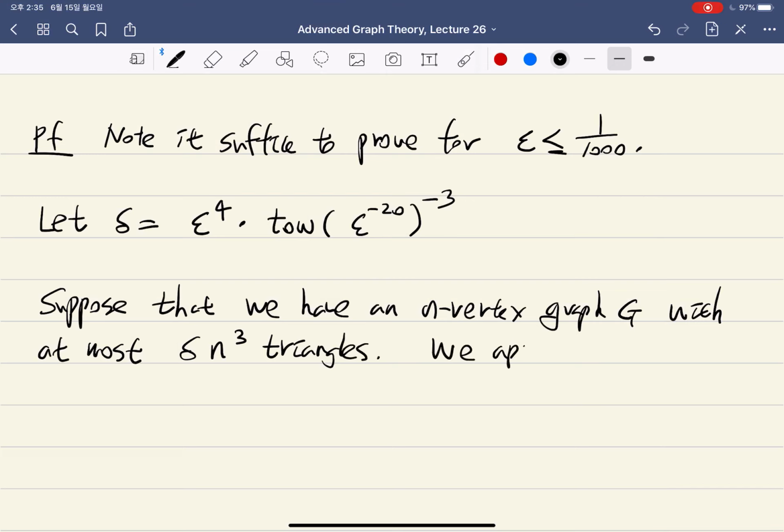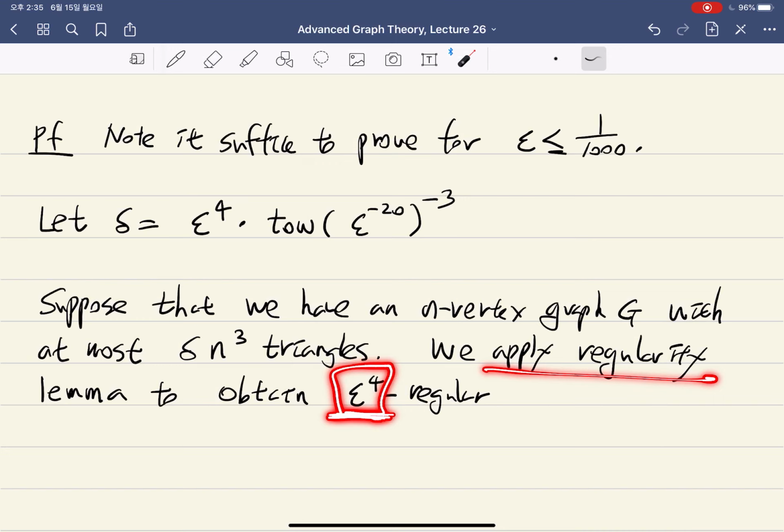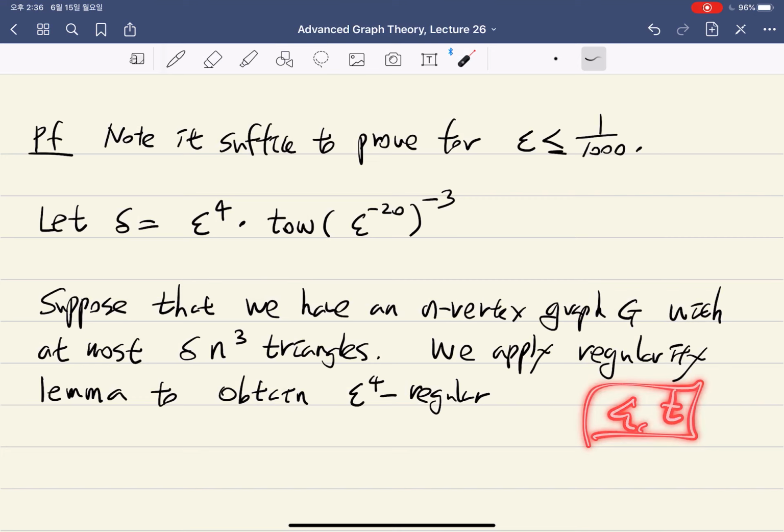And we apply the regularity lemma to obtain an epsilon to the 4 regular partition. So we can apply the regularity lemma with the epsilon and t of our choice.